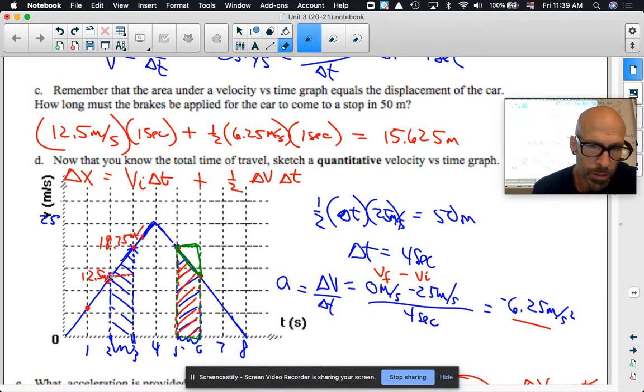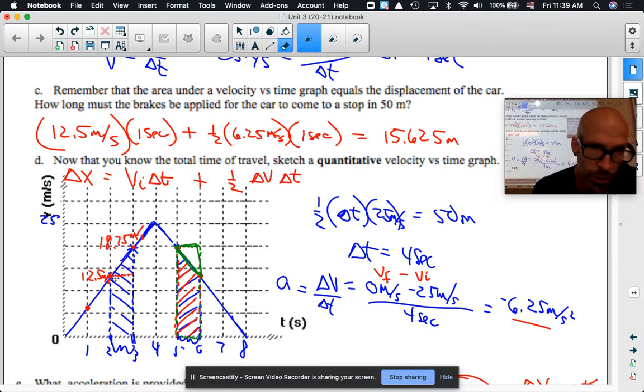Well, the rectangle is starting at 0 every second. So when you go over 1 second and up, that's 6.25 meters per second, right? Because we said that was the acceleration. So 1 second over is 6.25. Another second over is another 6.25, which is where the 12.5 comes from.